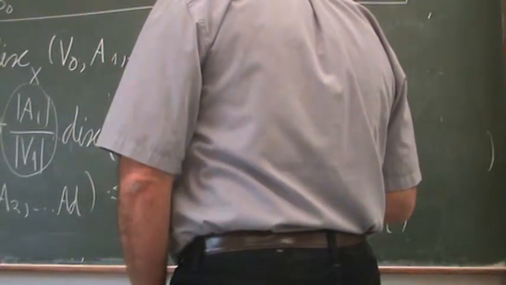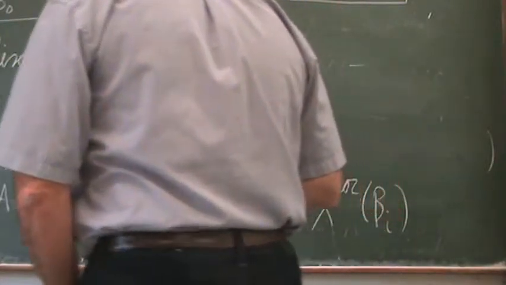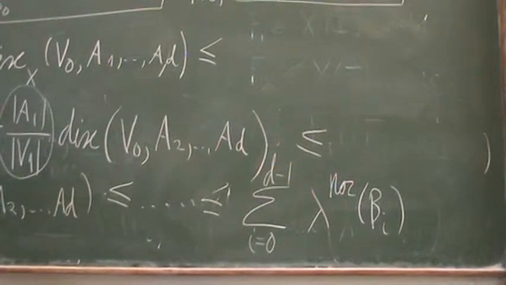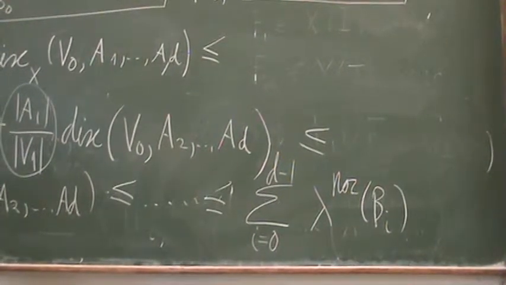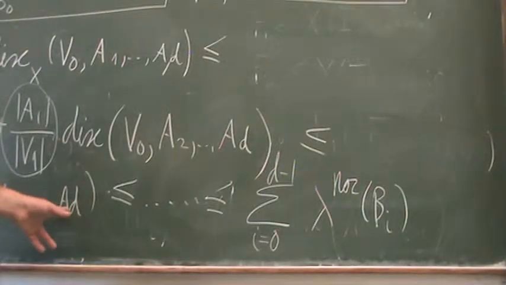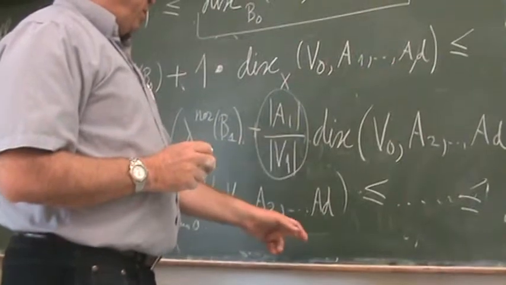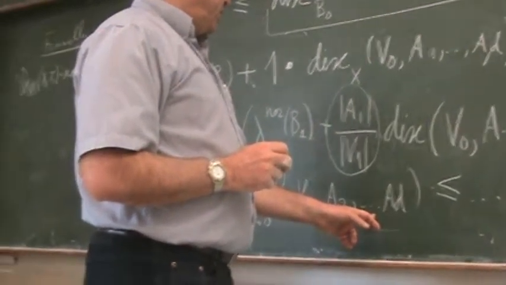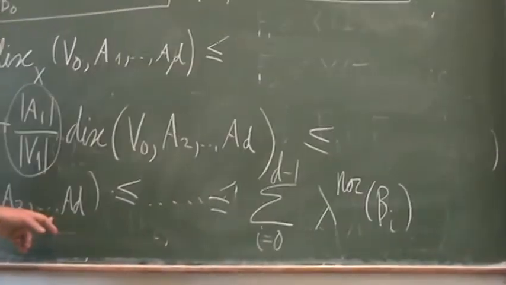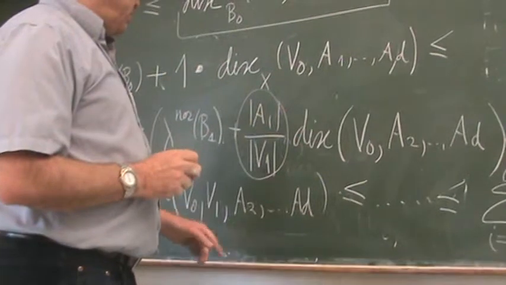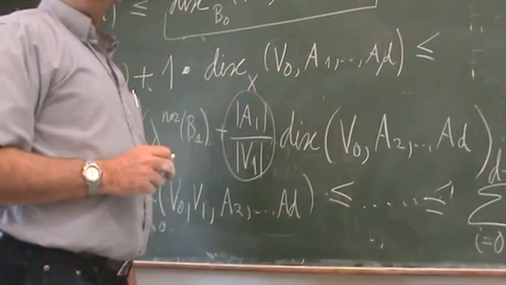It will be the discrepancy of when I stay here with only 2, and then I eliminate this one. So this is exactly the number of this one against all the others.